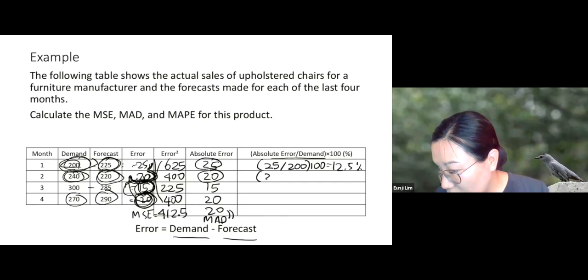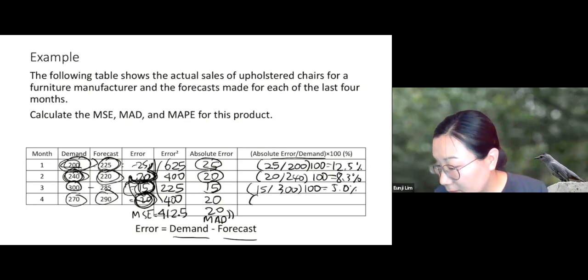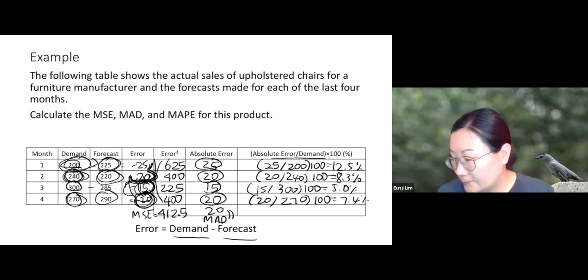Absolute error over demand 240 times 100 equals 8.3%. Next, absolute error over demand times 100, 5.0%. Absolute error over demand 270 times 100, 7.4%.